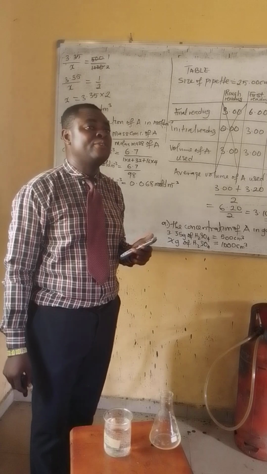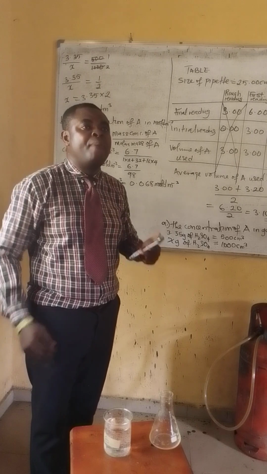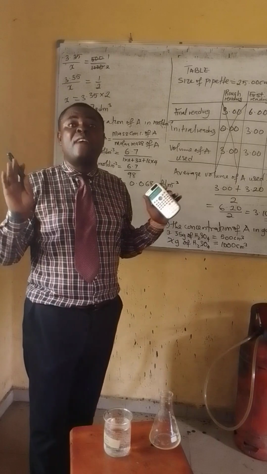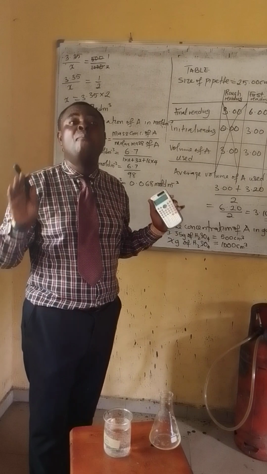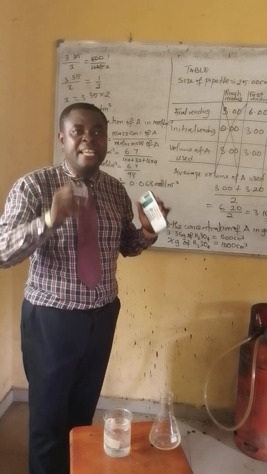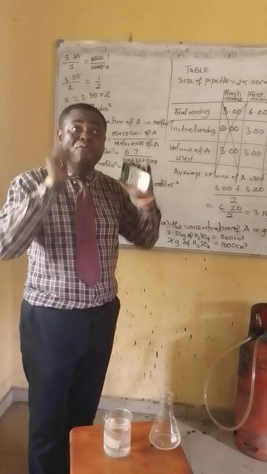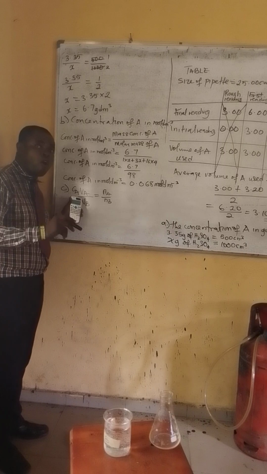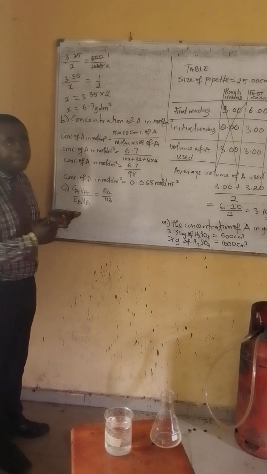They will say A is a solution containing 5 grams per dm cube. In this place, they did not ask you to find concentration of A in mole per dm cube by yourself. Convert it to mole per dm cube by yourself, even if you are not asked. Because Ca is concentration of A in mole per dm cube, not in gram per dm cube.